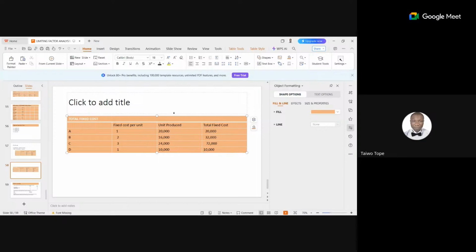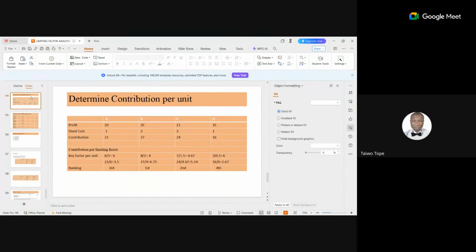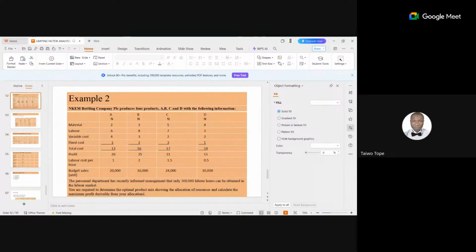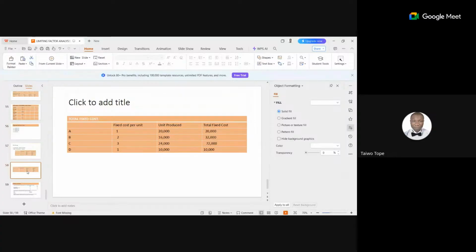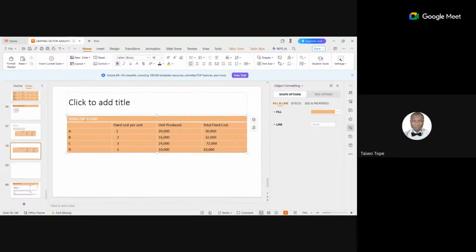So now we want to determine our profit, based on the question that says calculate the maximum profit derivable from your calculations. So we want to show our profits, the maximum profit derivable. For us to do that, let's present it in this form.